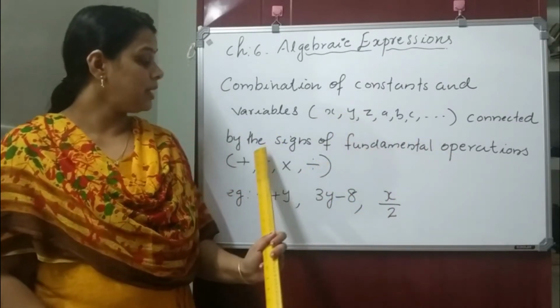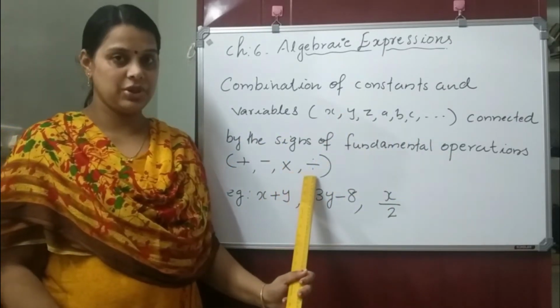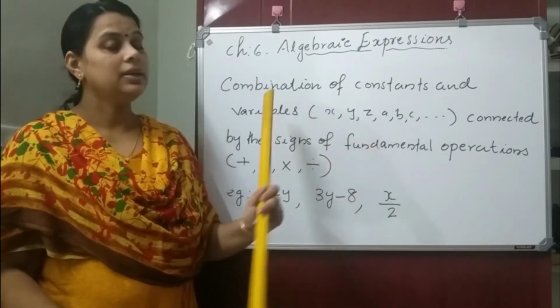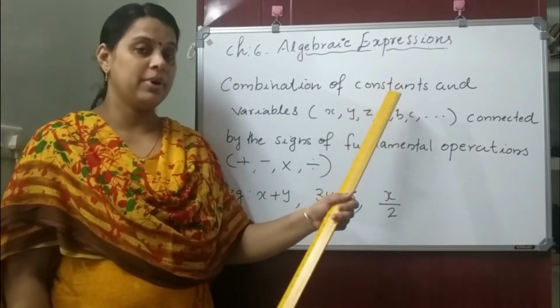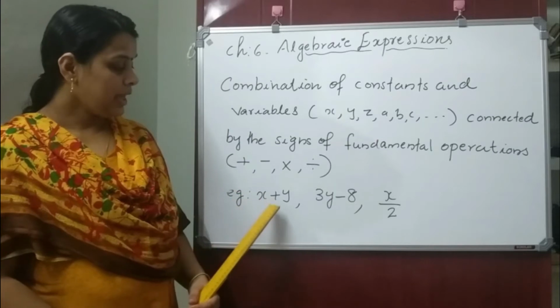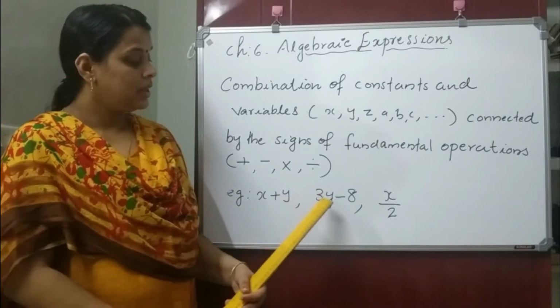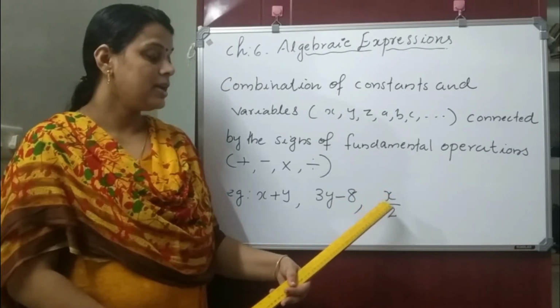What are the fundamental operations? They are addition, subtraction, multiplication and division. This is called an algebraic expression. Constant means it's a number: 1, 2, 3, etc. Any number. Examples: x plus y, 3y minus 8, x by 2.